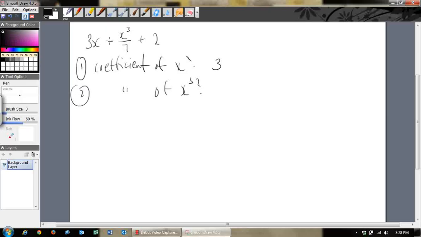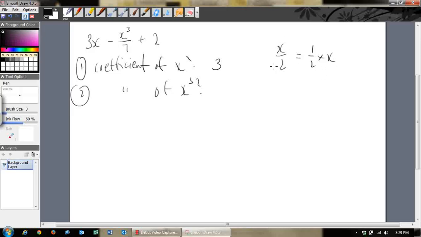Now this confuses a lot of people. What is that number in front of it? This one is 3 times x. So what's the number in front of x cubed here? Something times x cubed. A lot of people are confused. Is it 7? Is it just negative 1? Or is it 0? Remember that if you write x over 2, that means x divided by 2, or half of x.